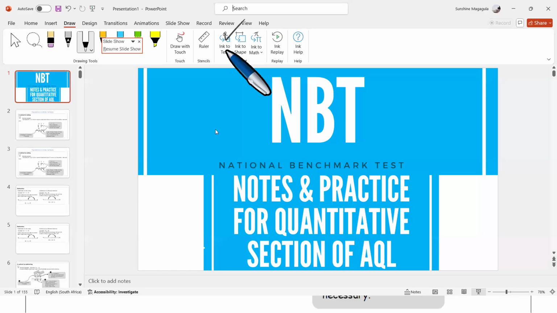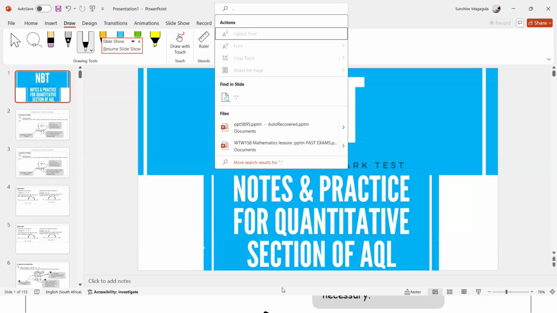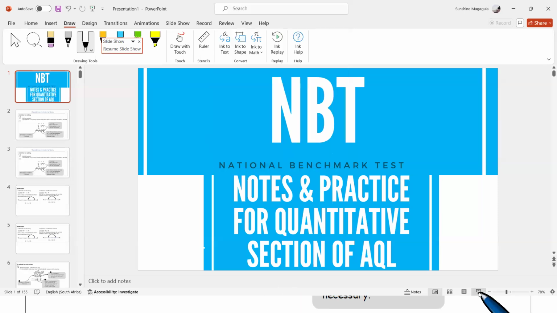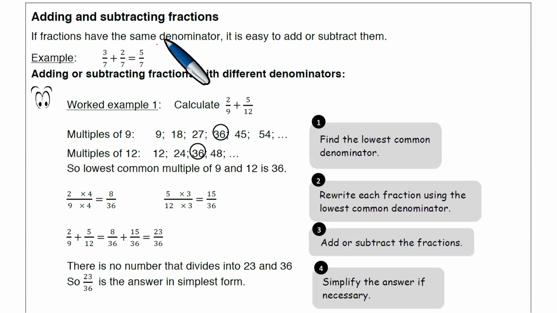Adding and subtracting fractions. If fractions have the same denominator, it is easy to add or subtract them. Let us deal with fractions, for instance, 3/7 together with 2/7.